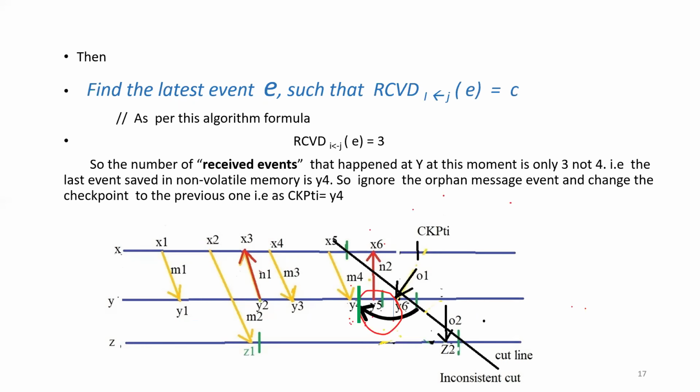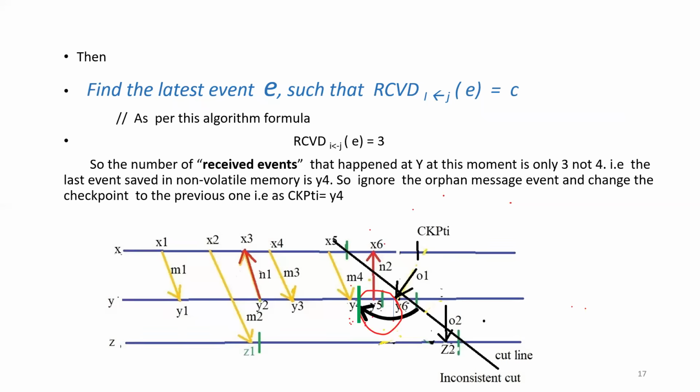Find the latest event E such that received I to J of event equal to C. So now we are going to find the checkpoint at which the number of messages received by Y is equal. It should be equal. Now we are going to find the event at that point.